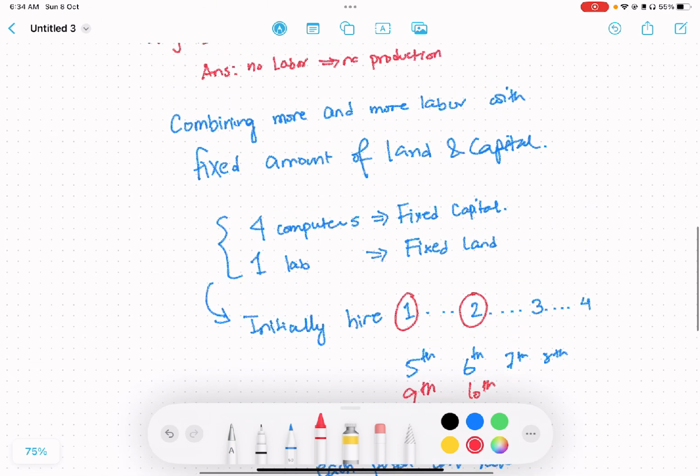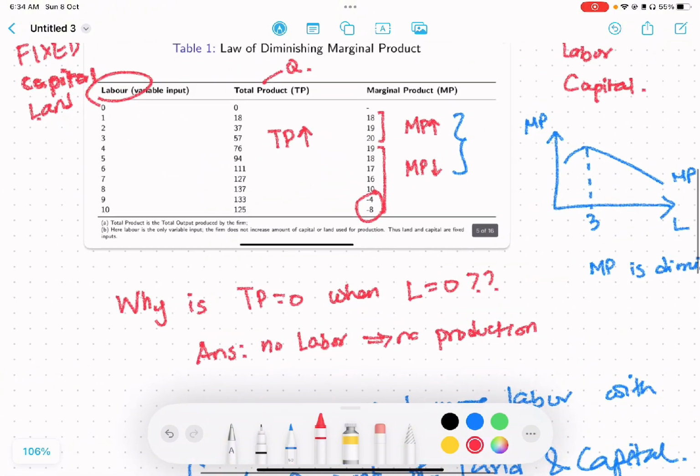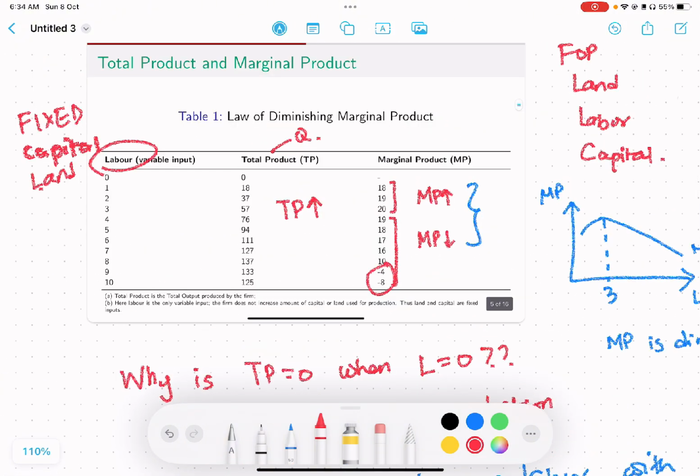So that really is what is being captured by diminishing marginal product. As you are adding new labor but you've kept your capital and land fixed, they're having to share resources and fight for these limited fixed inputs, and what that means is that each person now is less productive.